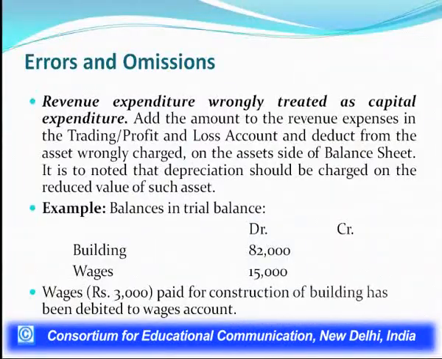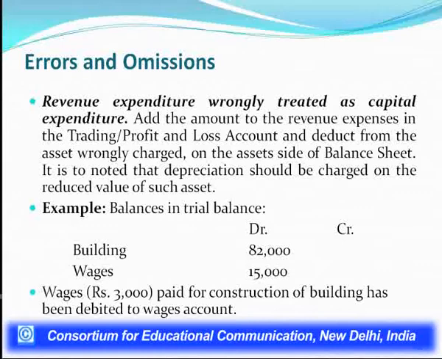Another example is where revenue expenditure has been wrongly treated as capital expenditure. It is the reverse of the previous example. So, when a revenue expenditure like wages or repairs and maintenance, or any other, may by mistake or error be debited to an asset, that is treated as capital expenditure.